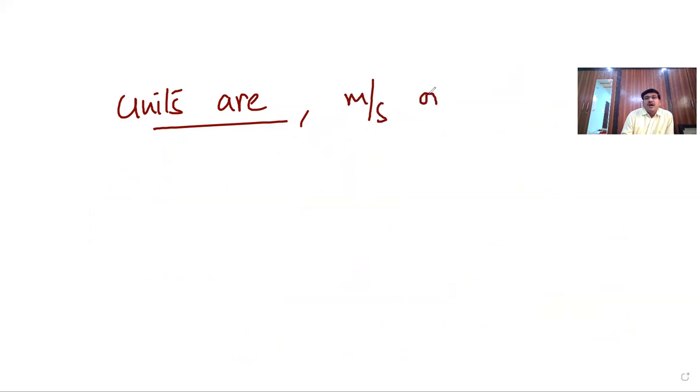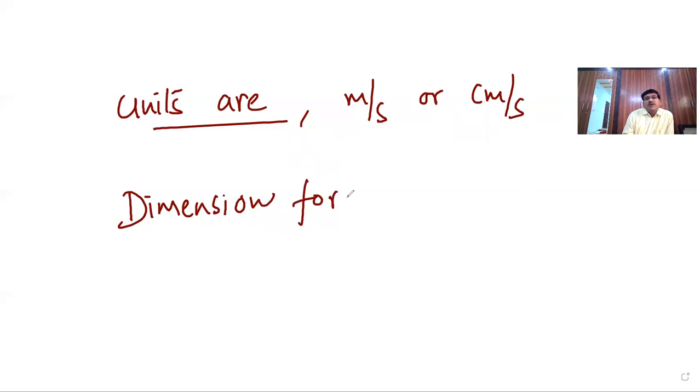We said that displacement is a vector quantity. What are its units? The units are the same as the distance. Units are either meter or centimeter. What is the dimension formula for the displacement?